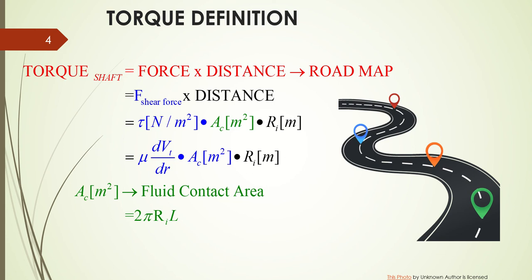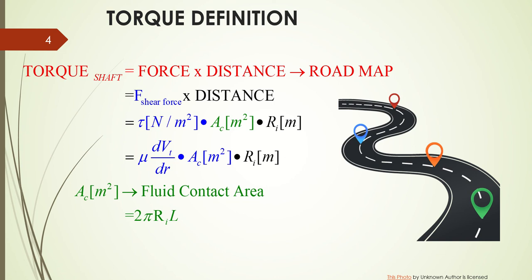So the torque is equal to mu times dV/dr times the area. And the area is important. It's the contact area, the area that is in contact with the shearing surface, times, of course, now the moment arm, or the distance from the axis of rotation.